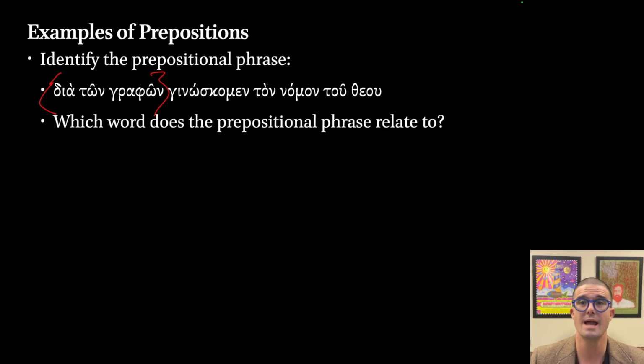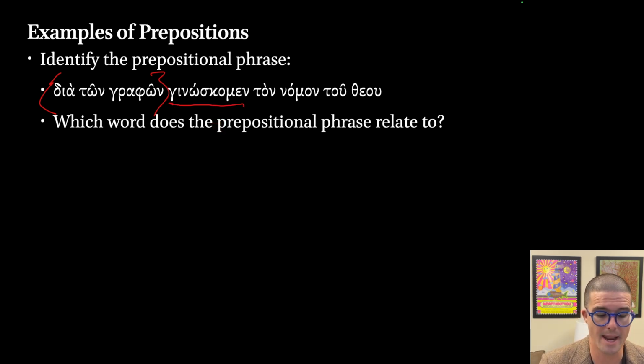And what I want you to now identify is what word the prepositional phrase relates to. Remember, prepositional phrases indicate how two different words or phrases relate to one another, sort of giving more information about another word or phrase. Which one do you suspect it is going with? That is right. It's going with this verb right here, ginoskomen.